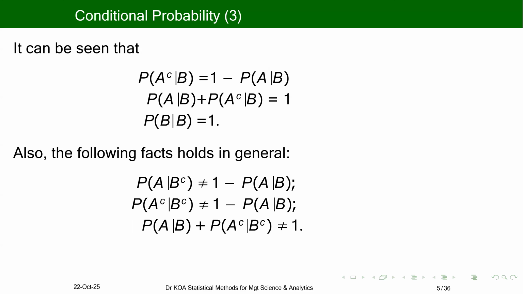Yes, please. If you tell me that B says that it rains today, okay? If we already know that it's raining today, then we can say that the probability that it rains today, given it rains today, is 1. I want to repeat that. So let's say we have B today: it rains today.